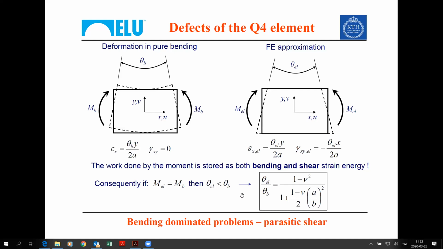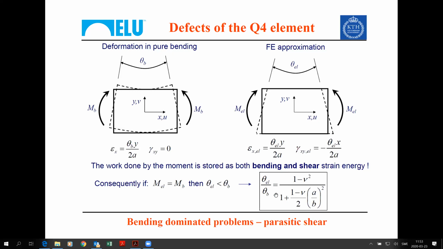Which means that from a practical point of view, what we have to conclude directly is that whenever we solve a problem using the Q4 element, the best alternative that we have is to assume very compact elements, so with A and B very close to one another. Situations where A is much larger than B will lead to extreme errors here.